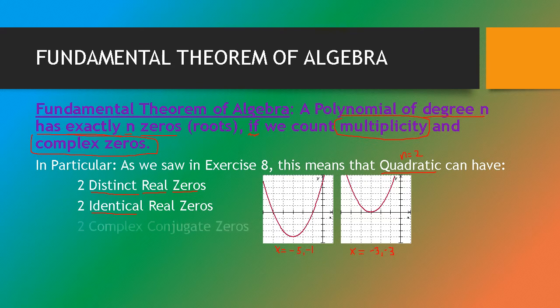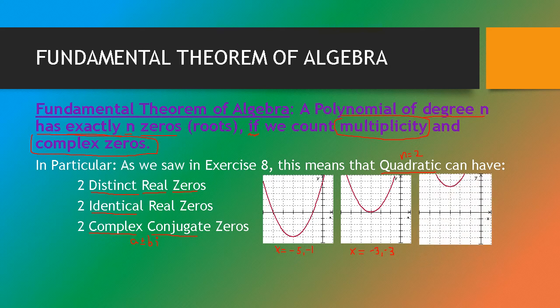The third case we saw was having 2 complex conjugate zeros. Complex conjugate just means that they have the form a plus or minus bi. Okay, and remember that counts for 2. A plus bi is one of them, and a minus bi is the other one.